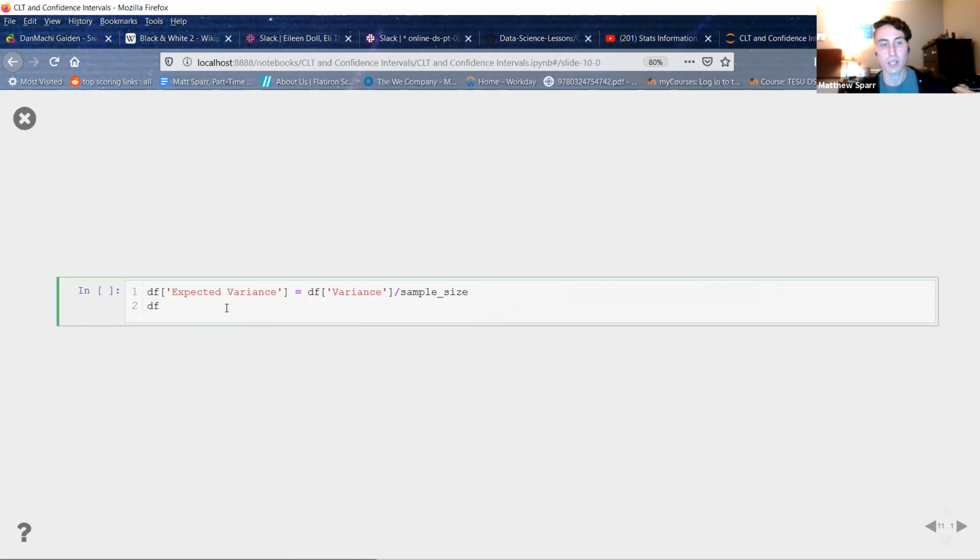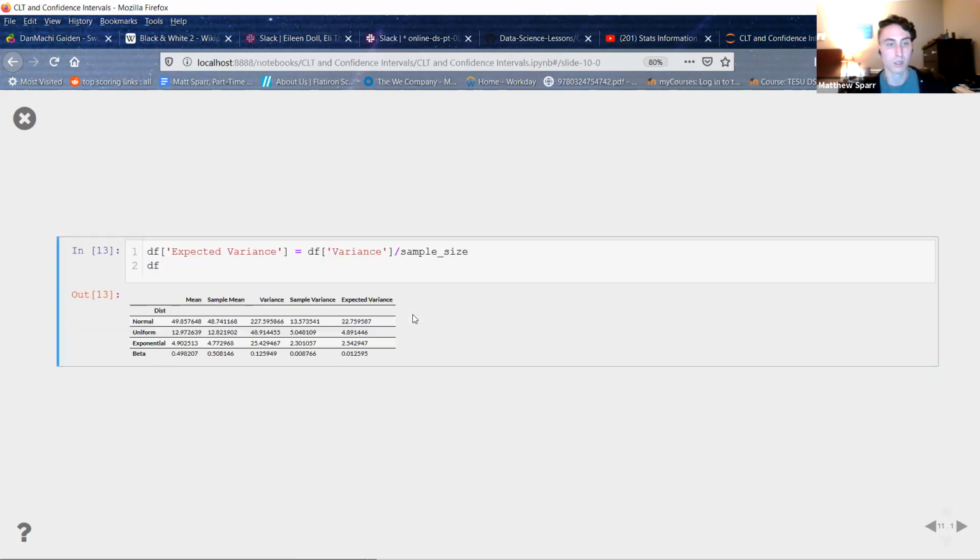To test that, we can calculate our expected variance by dividing the population variance by the sample size and adding that to the column. We can see that for some of these, they're close, except for actually the normal distribution, which is kind of weird. But if we would take another set of samples, or increase the sample size or number of samples, we would probably see a value closer to what we expected.